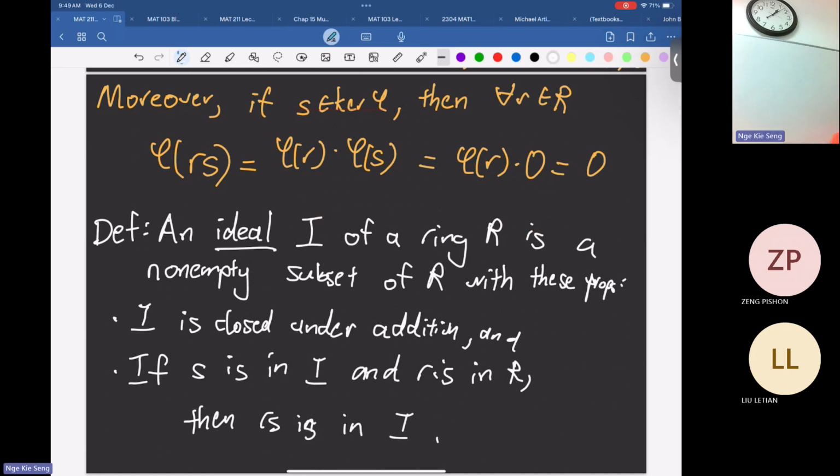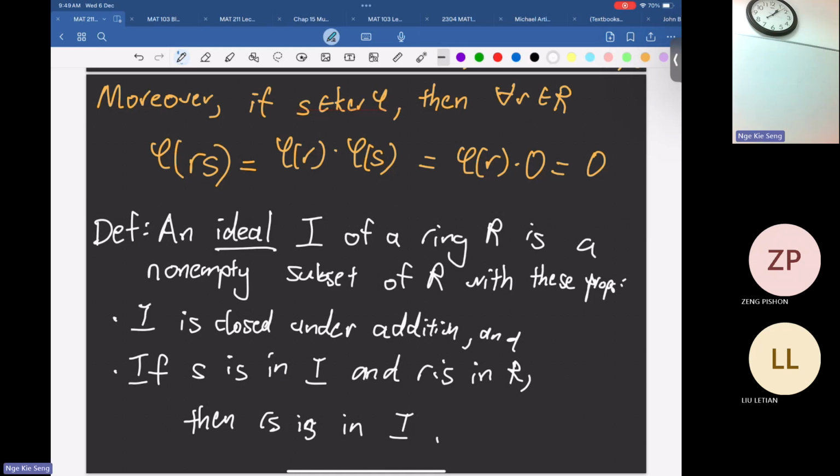Note that I didn't mention closed under multiplication, right? Why? Why didn't I say closed under multiplication? This is not necessarily a subring.